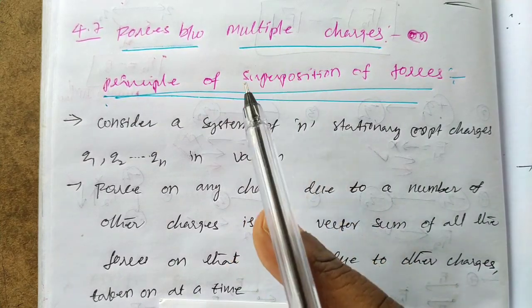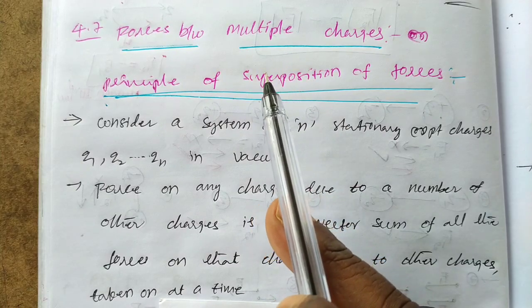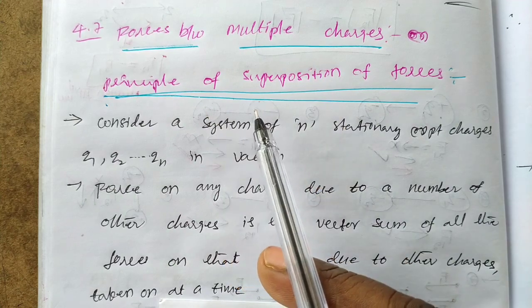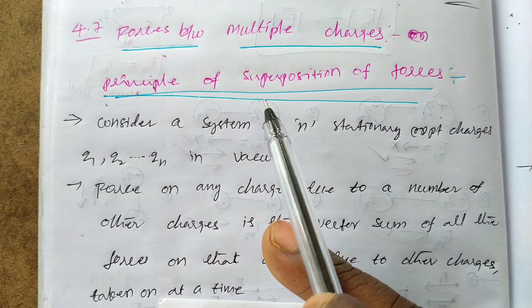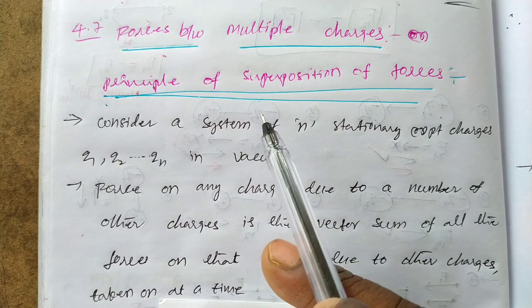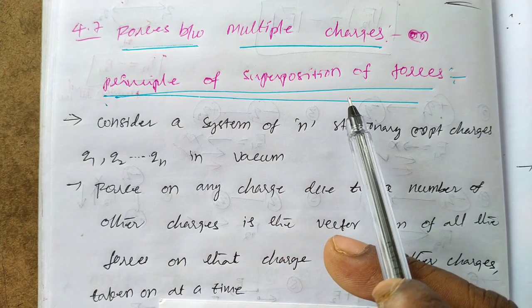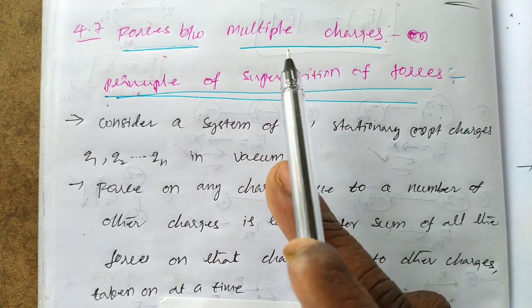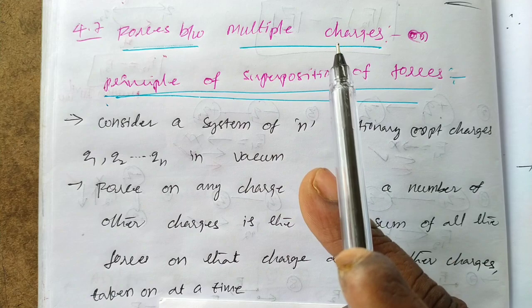What is the force between multiple charges? That is according to the superposition principle. You know the relation for displacement of a wave, y is equal to y1 plus y2 plus y3. That is the addition of displacements. Here the force is the addition of the number of forces due to the charges.